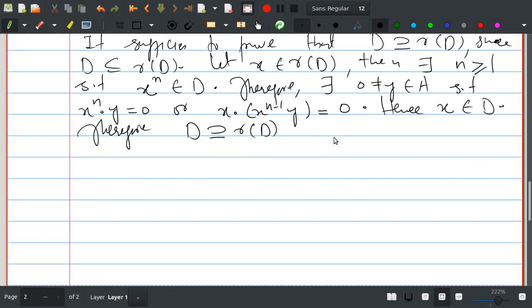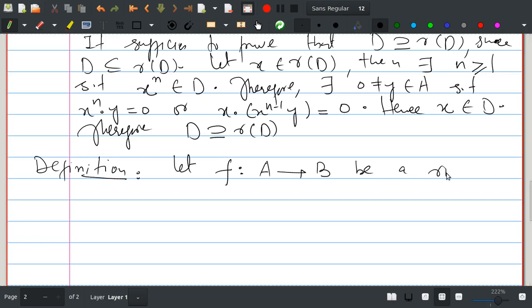Now let us move towards the contraction and extension of an ideal. So we have this definition here. Let f from A to B be a ring homomorphism.